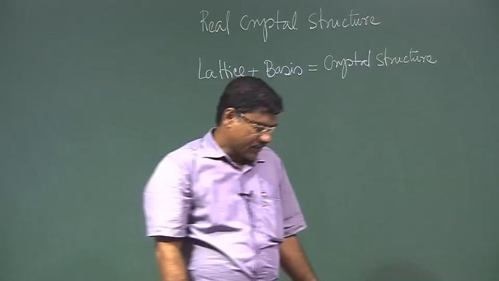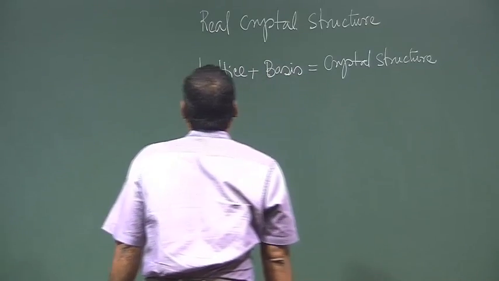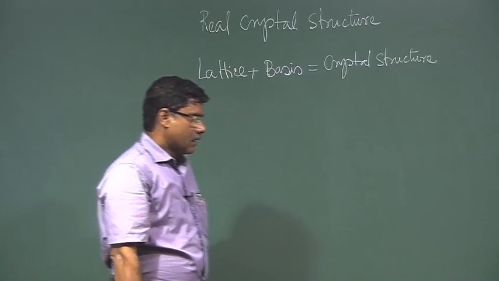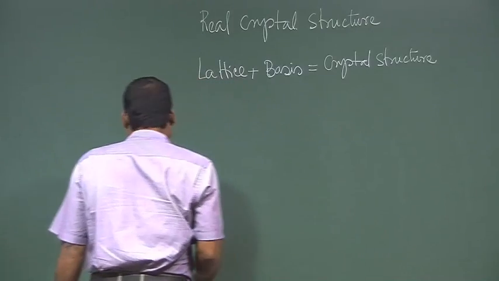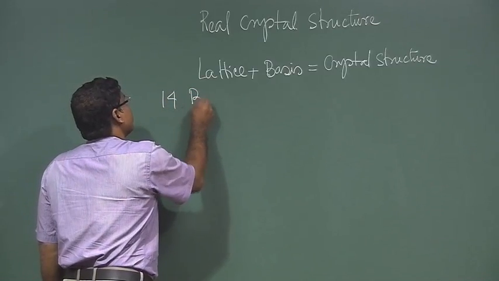So far we have mainly discussed the lattice, the Bravais lattice. As we have seen, there are 14 Bravais lattices.